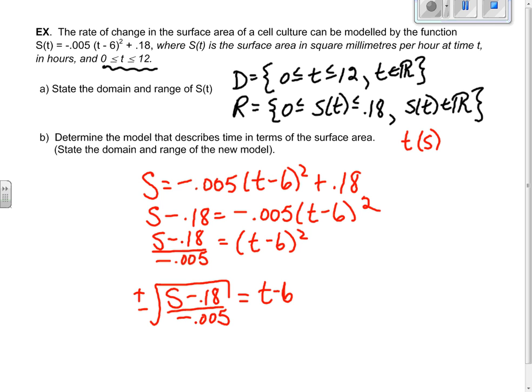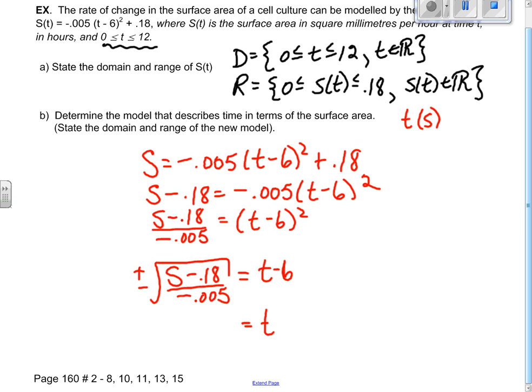And then lastly, add 6. And I don't know if I would write it any fancier than that. There. We have t as a function of s just by rearranging the equation and solving for the other letter.